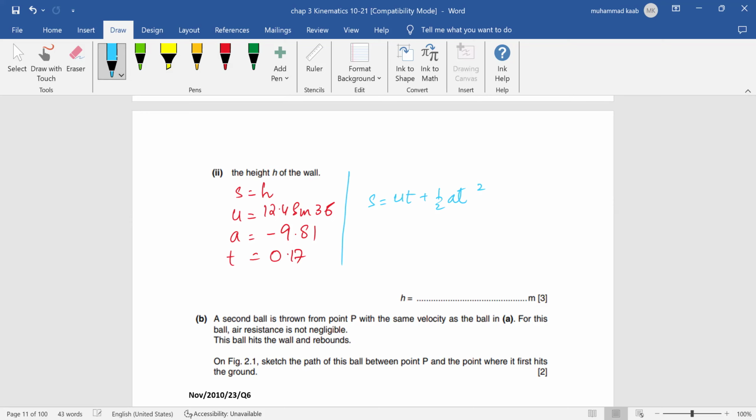Sir, is it compulsory to use t? Bro, other than that, you can use 2as equals v squared minus u squared. So you have your initial velocity, you know the a, you are interested in s, but what will you take as your final velocity?